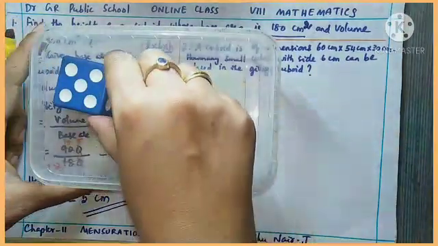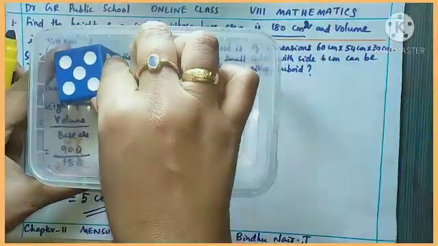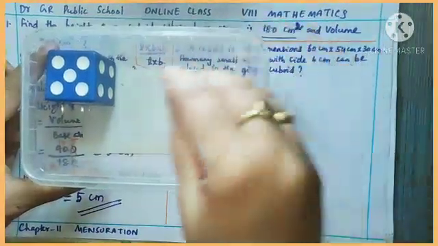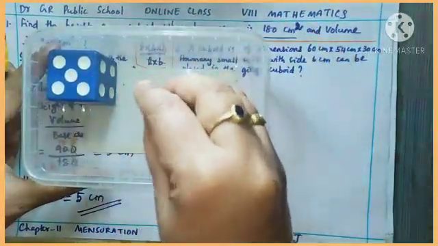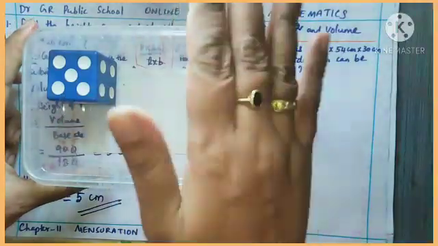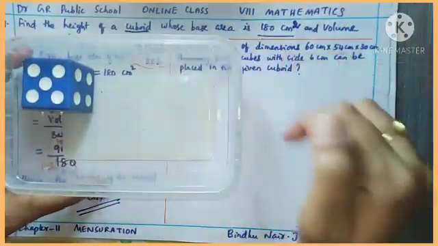Okay. So I am going to keep this cube, small cube, in this cuboidal box. Okay, arranging. So the question here is, how many cubes are required here? That is, how many cubes we can place in a cuboidal box of this given dimensions.